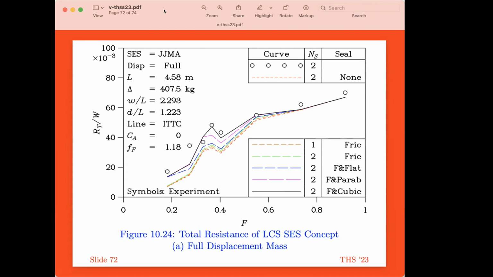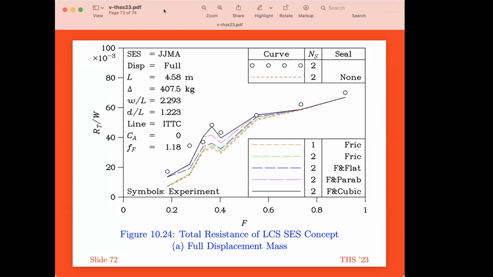Larry, can I have an extra question? In the last 3 or 4 years, I've done 3 series of model testing of SES. What we found is that running trim of the vessel is really important for the resistance. We're using your theory for prediction of the resistance at high Froude numbers.